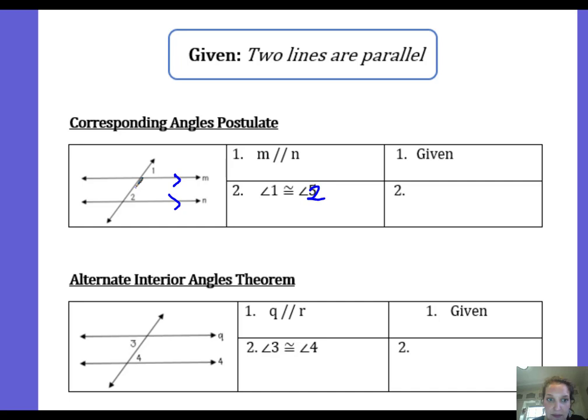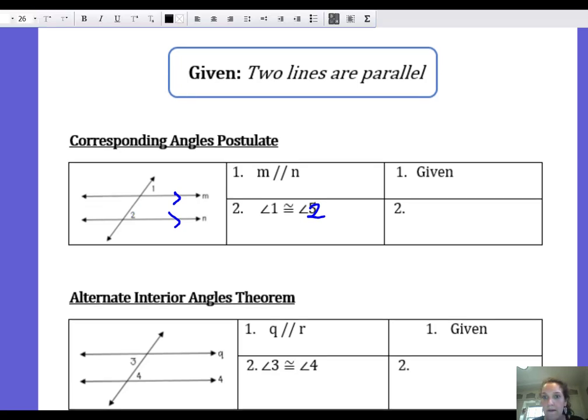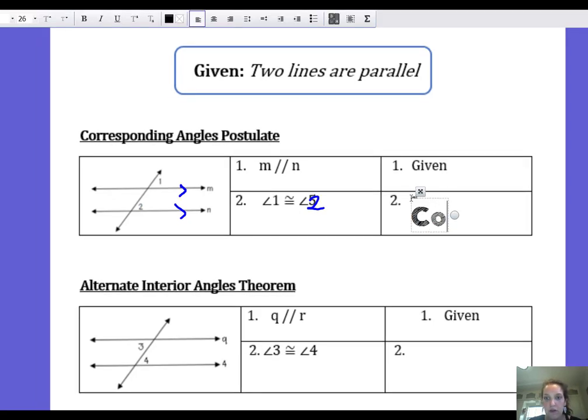Angle 1 has to be congruent to angle 2 by the corresponding angles postulate. Because those lines are parallel, those corresponding angles have to be congruent.